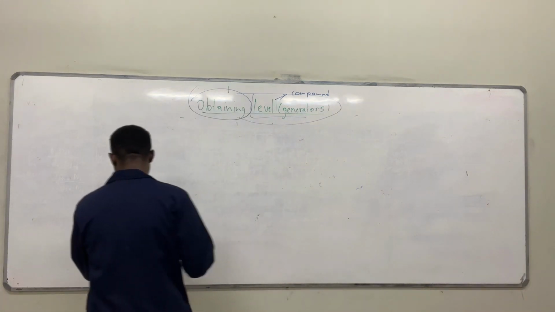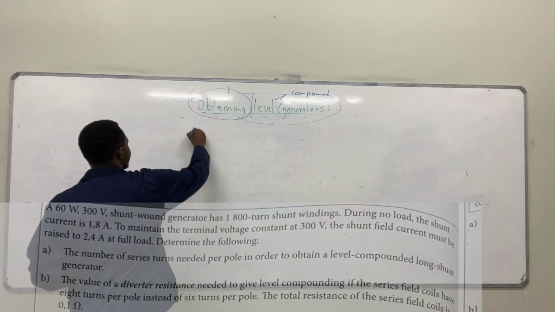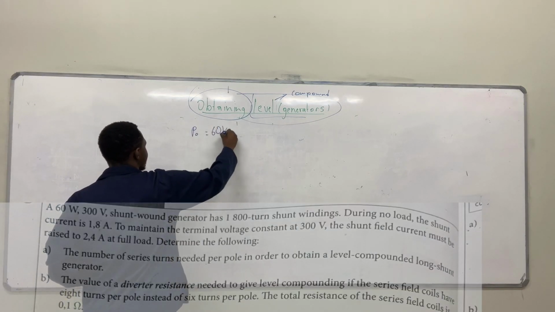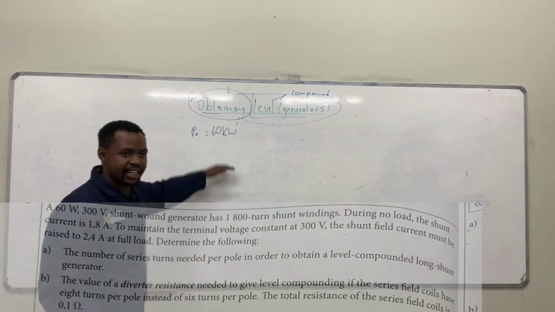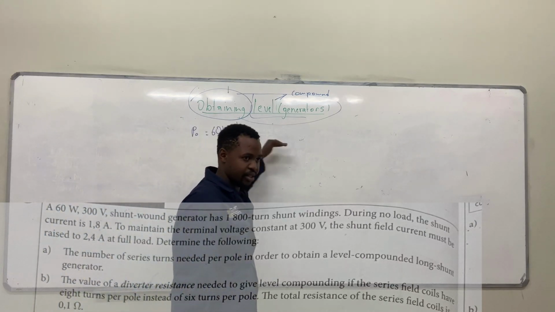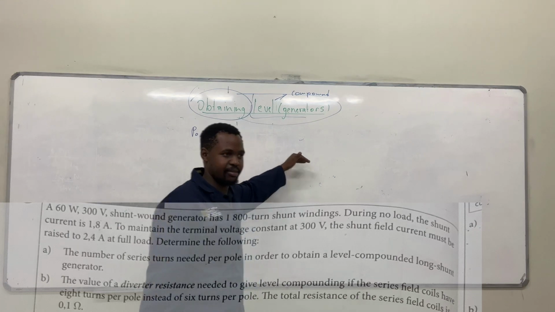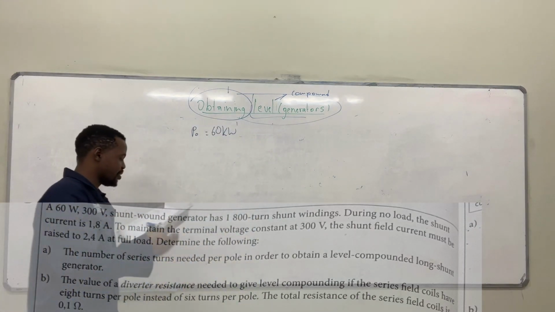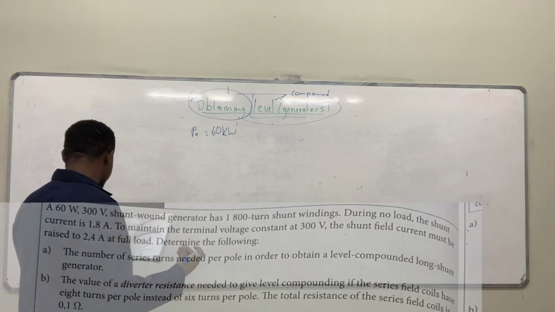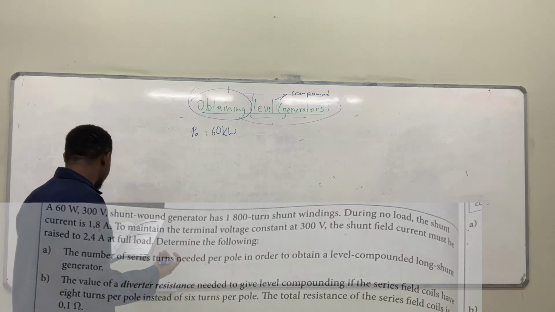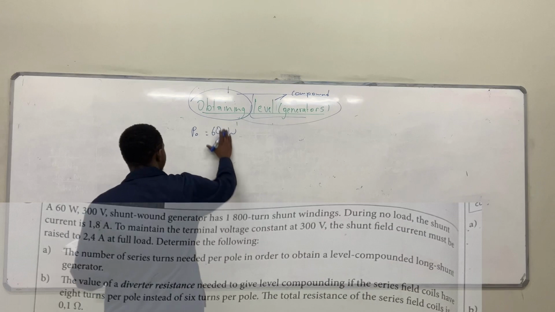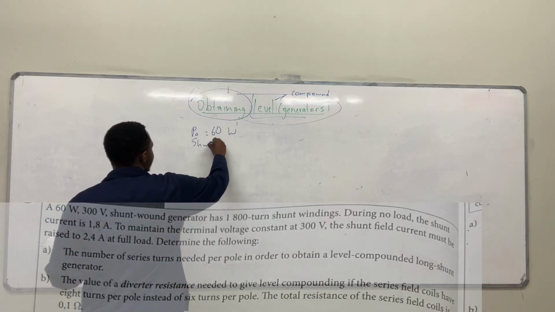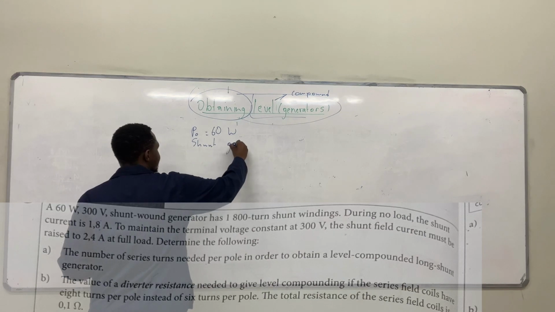Okay, the chapter here is talking about a generator, please. A 60 watt, sorry, a 60 kilowatt shunt generator.